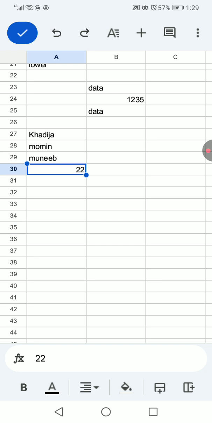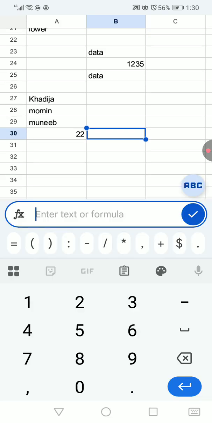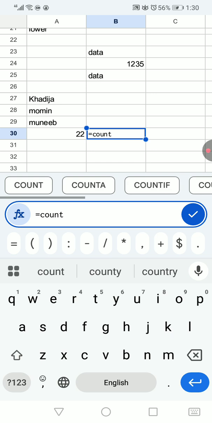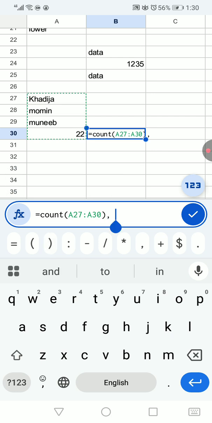This is a very simple example. When data contains thousands of entries, that would be very difficult for you to count. Instead of that, you will put equal to and then count, bracket open, and you will select these 4 cells. Here there is only 1 cell that contains numerical data, 3 cells containing alphabetical data.